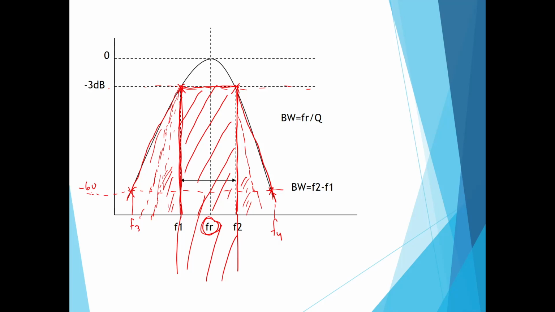We can remove those using a few sets of filters. Not only one filter, we're going to have more than one. So ideally we want the shape factor to be close to 1. In the non-ideal case, it is less than 1.